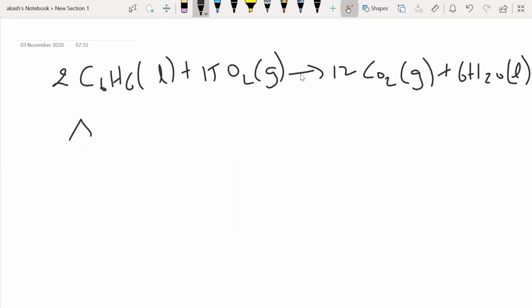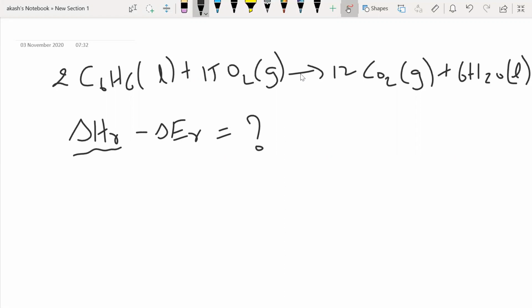They want you to find delta HR minus delta ER. So see, the moment you see delta HR, do not go for enthalpies of formation or enthalpy of combustion, because no such information is given to you. But there is a direct way of finding it out.